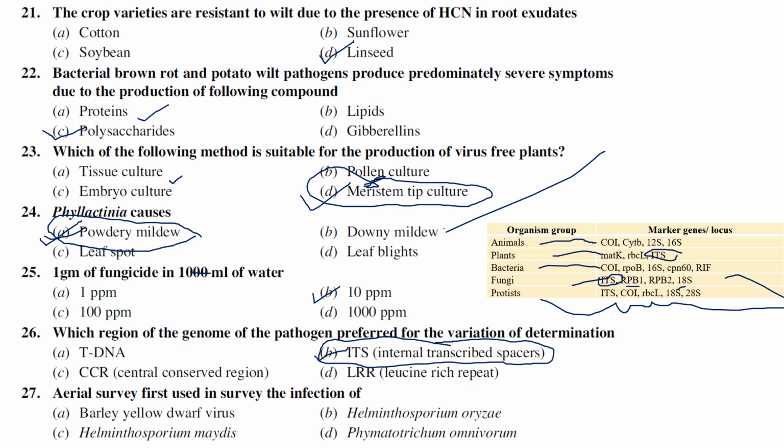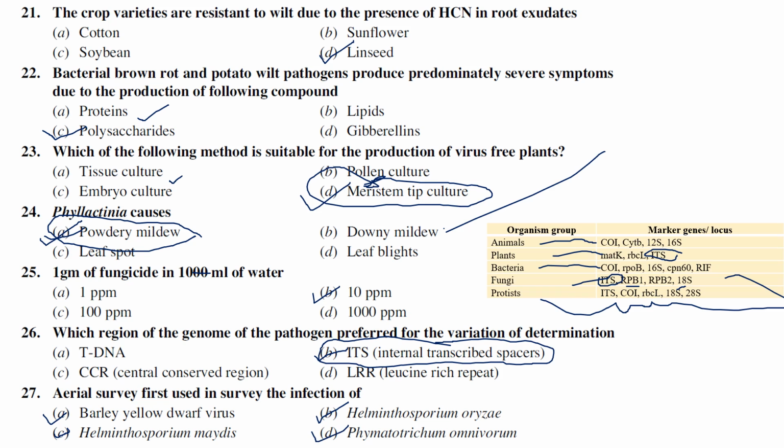The aerial survey was first used in the infection of which disease? Barley yellow dwarf, Helminthosporium, Bipolaris maydis, corn leaf blight, and Phymatotrichum omnivorum.